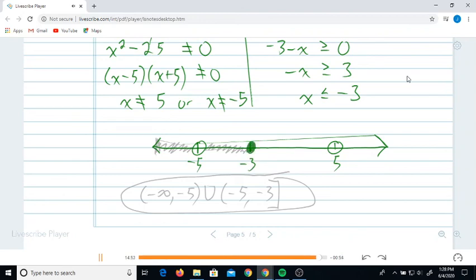So we can pick -3 or any numbers that are below -3. So there's our domain. So shading starts at -infinity until -5 parentheses, union -5 to -3, -3 getting a bracket. And there you have it. There's our domain of that function.